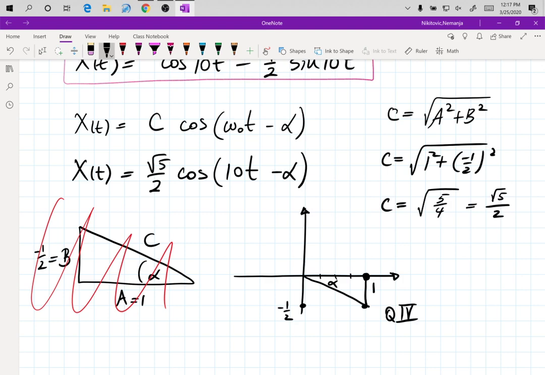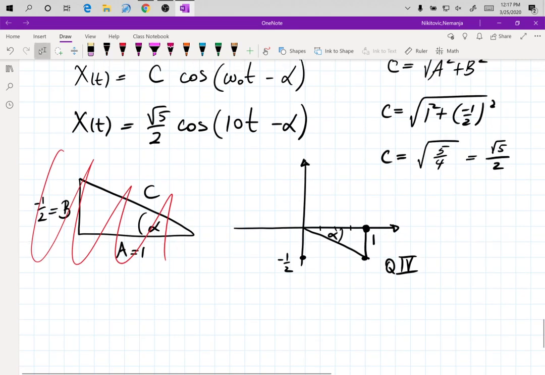We know that the tangent is negative in the 4th quadrant. So we should be expecting a negative value for alpha. So what are we going to have here?